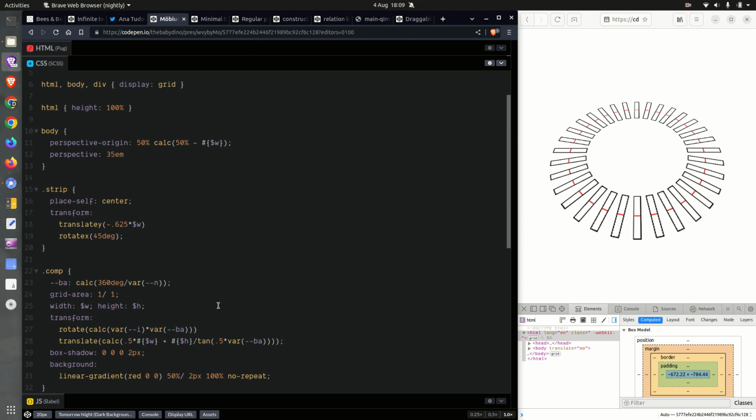Okay, let's make things a bit more interesting by adding another rotation, a rotate y, basically a rotation around that vertical midline. And now here, in the plane of their parent, these components are rotated by an angle that goes from 0 to 360 degrees, right?